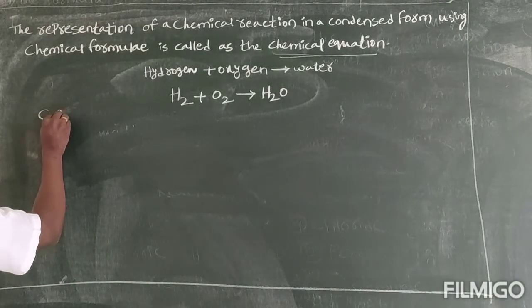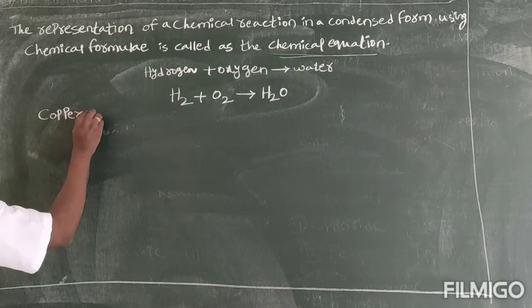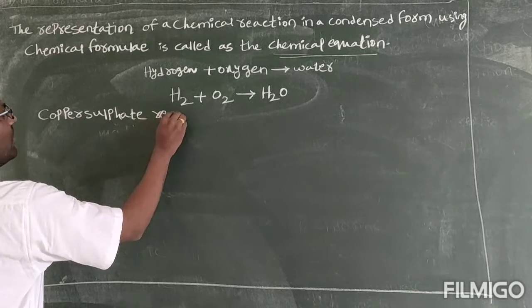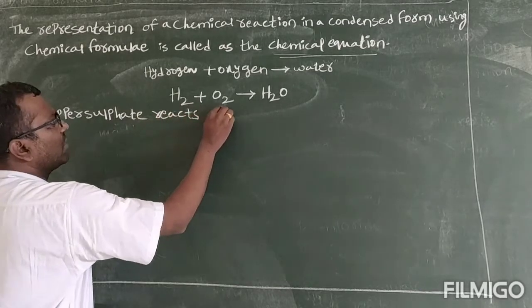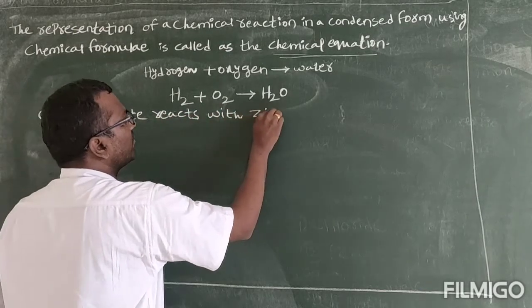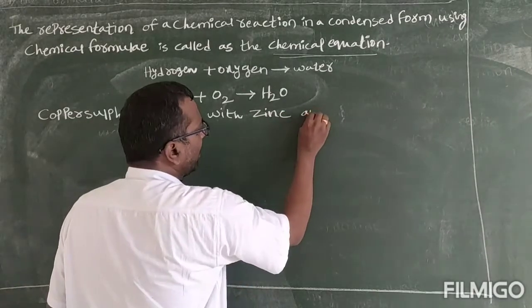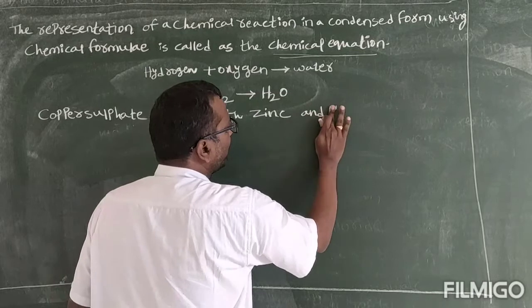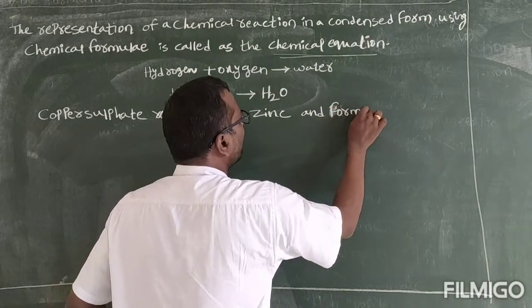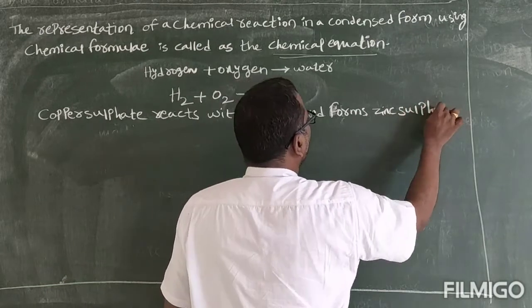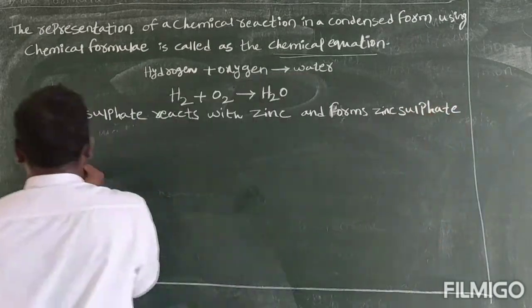Next example you see. Copper sulfate reacts with zinc. Okay. Copper sulfate reacts with zinc and forms zinc sulfate and copper.